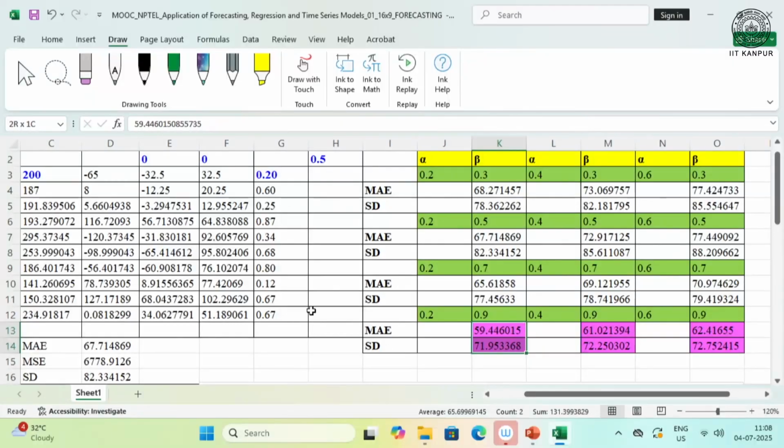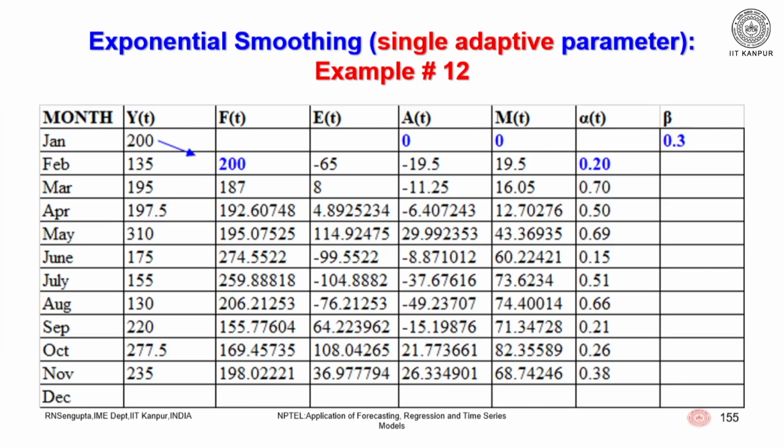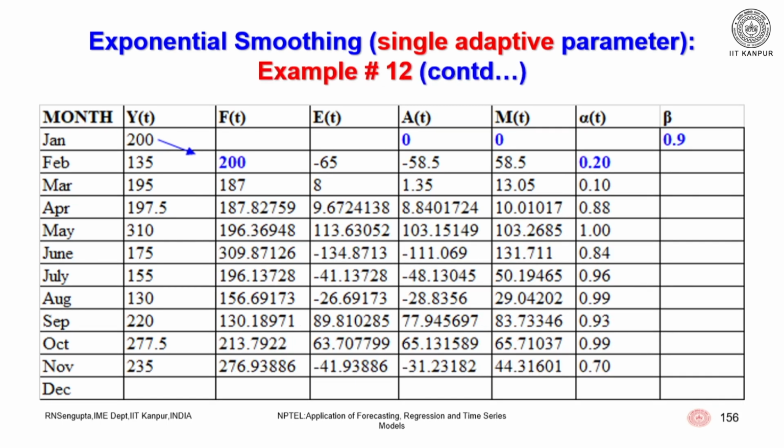So, this combination of alpha and beta is what has been done here. So, for a value of 0.2 and 0.3 of alpha and beta, these are the values. Pay attention with respect to the Excel sheet and the PPT slide. Next, I have just taken as an instance a value of alpha as 0.2 and beta as 0.9.